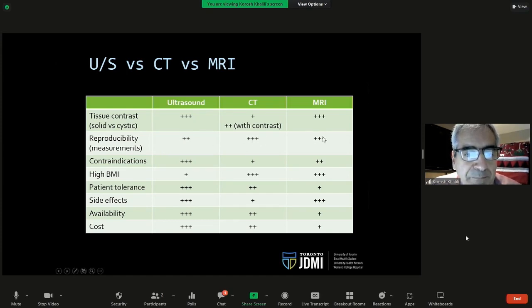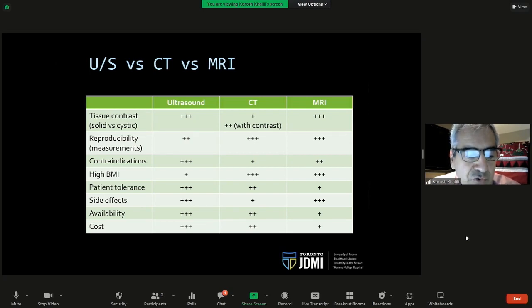And so, MR seems to have the best of both worlds in terms of its ability to demonstrate the different types of tissues, and also the contrast for MR is not nearly as toxic as the one with CT, although the CT is also pretty darn safe, but very rarely, occasionally something happens with the CT contrast, much less common with MR. The problem with MR is that patients have to be inside that big magnet, and that is not easily tolerable, especially if people have issues in terms of being in tight spaces.